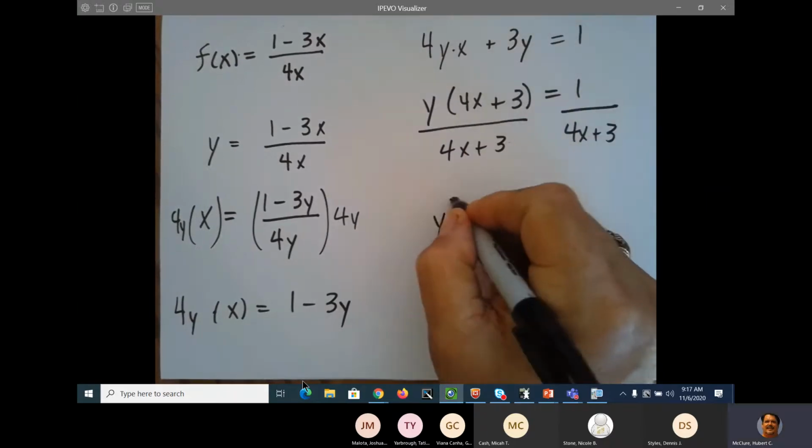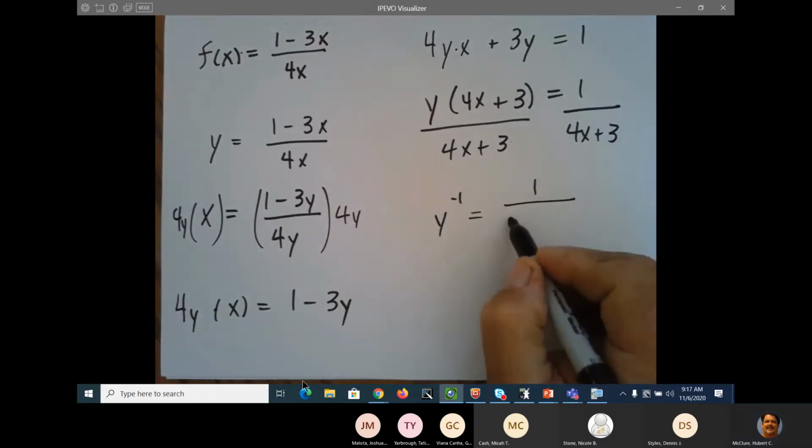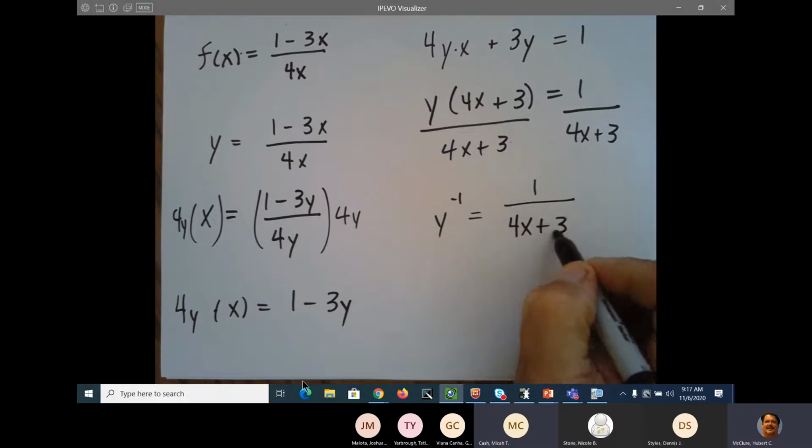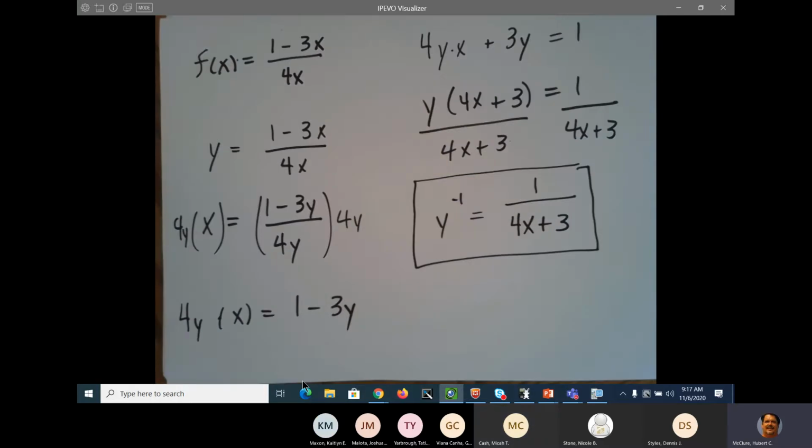So y inverse is equal to 1 over (4x plus 3). And that is what you should be able to do for the test in 6.1.